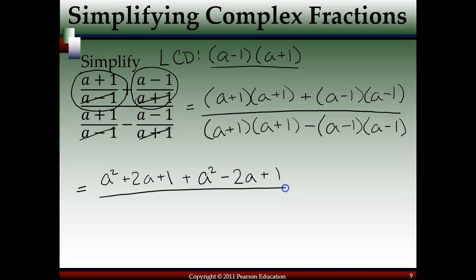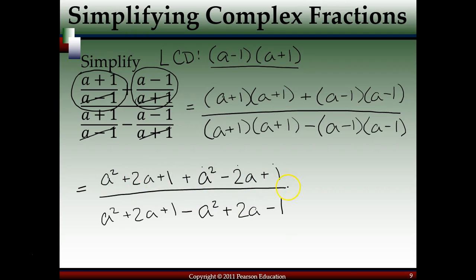And then that's all over. Since we already figured out what a plus 1 times a plus 1 is, just write that down again. But this time we have a minus sign, and this minus sign is going to distribute to all of these three values. So I'm going to go ahead and do that and say minus a squared plus 2a minus 1.